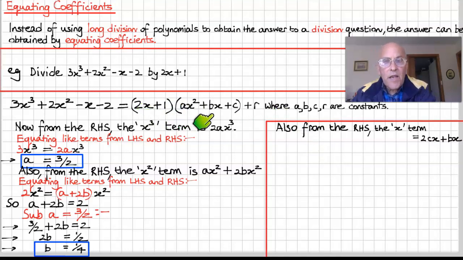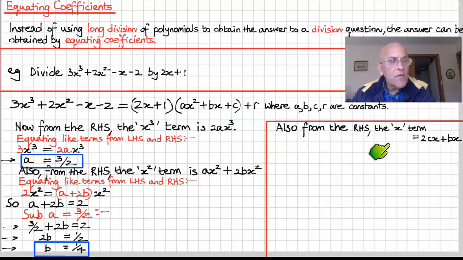So what over here in the multiplication of all this, if we were to multiply it out, would yield just x terms? Well, again, this term and this term multiplied individually by one of these terms in here will each give an x term. So if I multiply the 2x by the c, yes, I'll get an x term, which will be 2cx. Secondly, if I take the 1 and I multiply that by just the bx, I will get another x term. Okay?